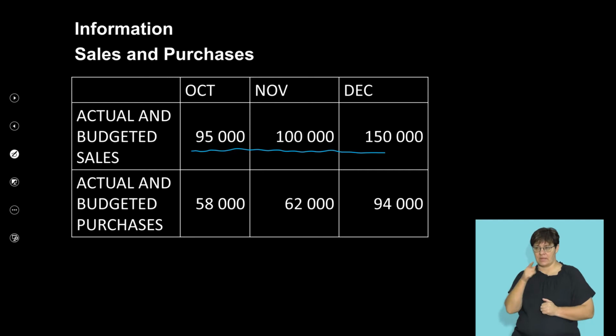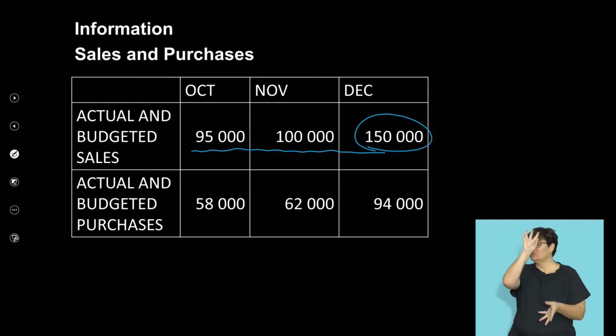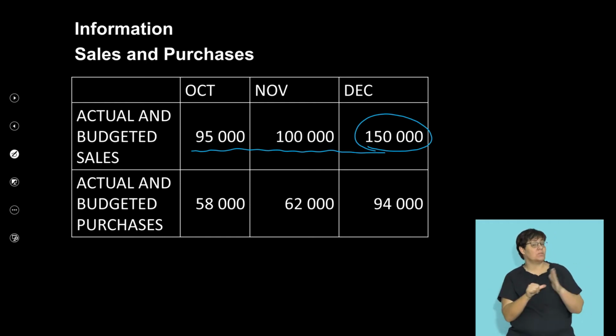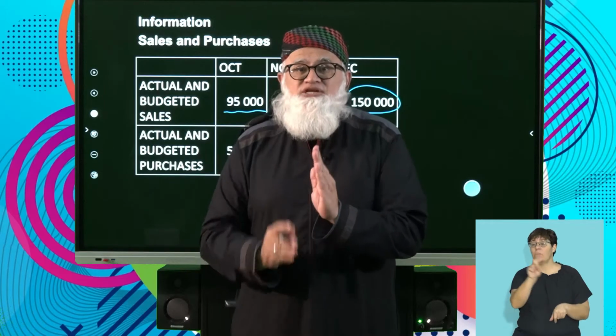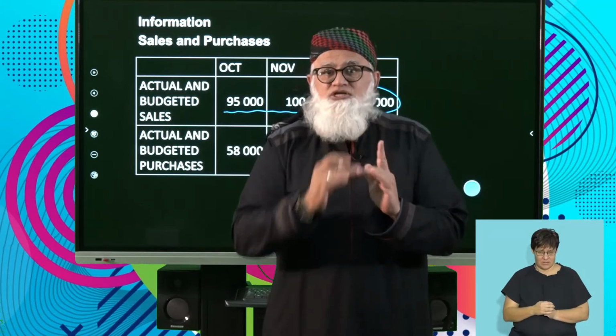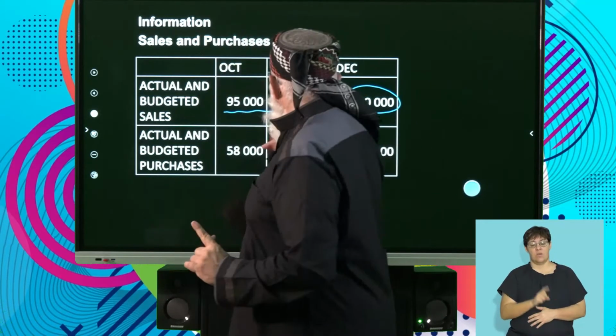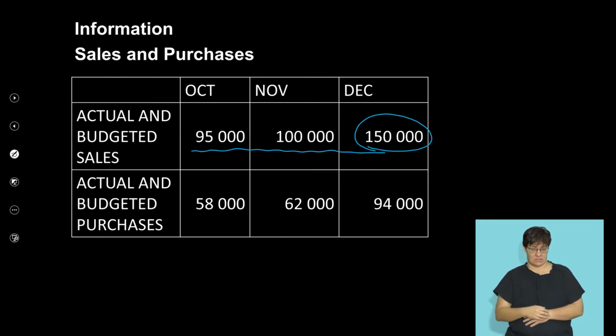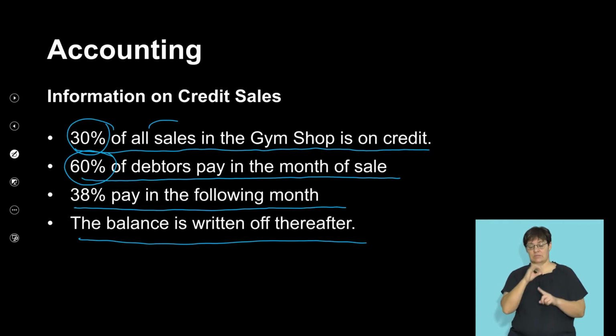Here's my December. Here's my total sales figure. Right? What did we say? Most important, when you're looking at a debtors collection schedule, you need your credit sales. Right. So, firstly, take your 150,000 times 30%.